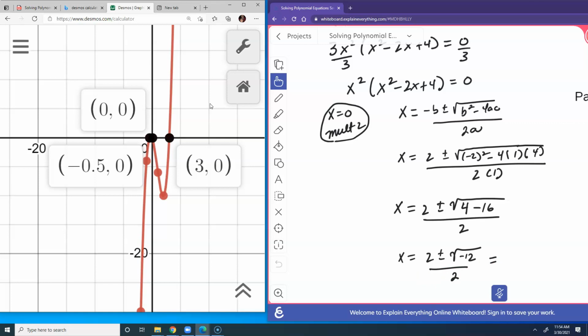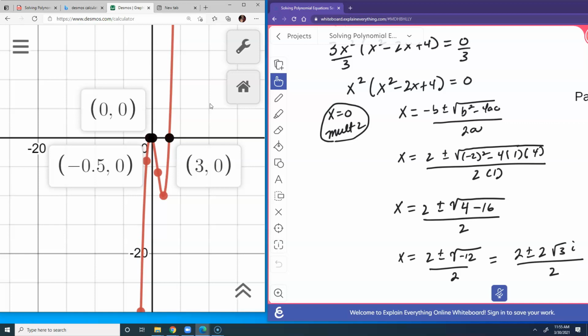You have the square root of negative 12 is the square root of 4 times the square root of 3 times the square root of negative 1. So the square root of 4 is 2. So it's 2 plus or minus 2 square root of 3 i over 2. All the 2's cancel.